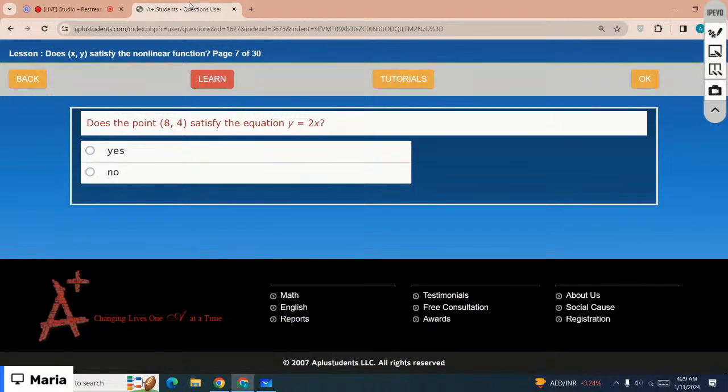The correct option is no. 8 4 is not the solution of the equation y equals x. The correct option is no.